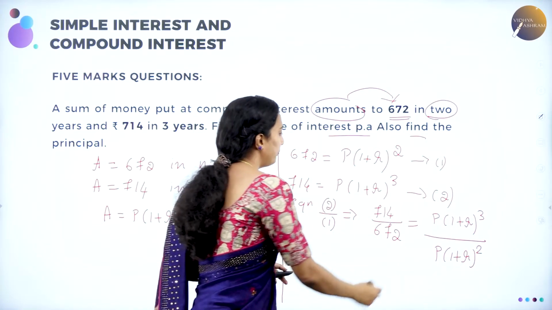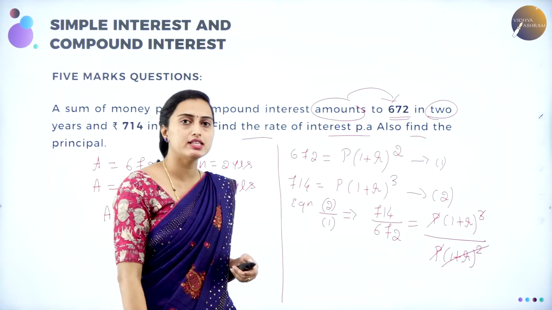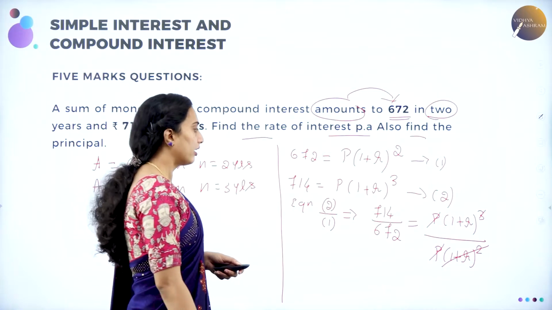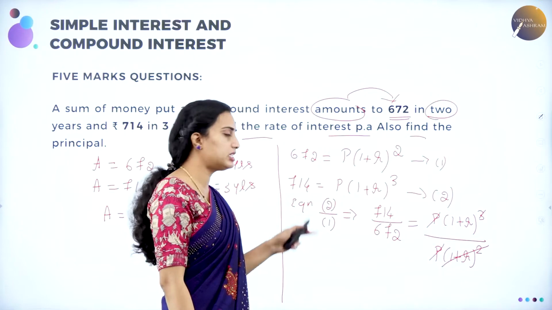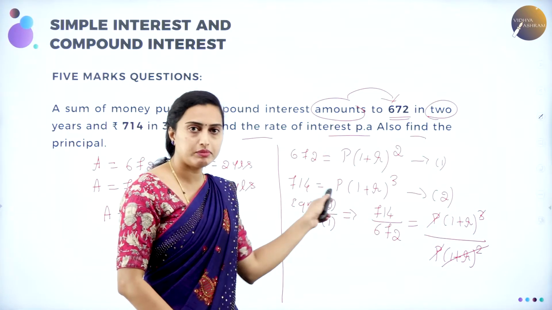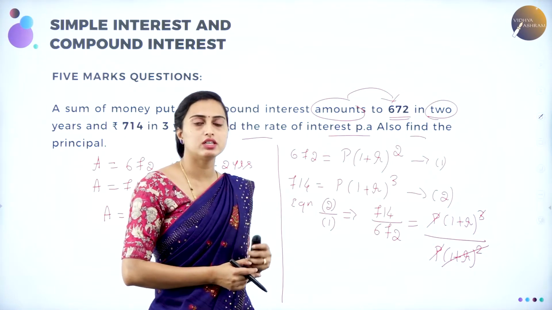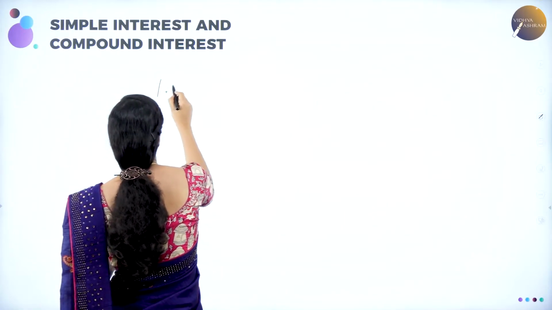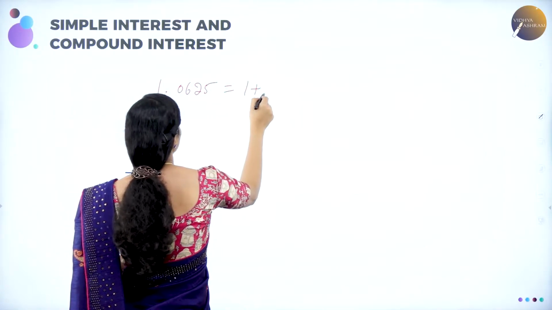Now, P will get cancelled, two terms of (1 plus R) will get cancelled, and in the numerator we remain with 1 plus R, and this side 714 divided by 672. Let me calculate this by calculator. You are going to get the answer as 1.0625. Therefore, 1.0625 is equal to 1 plus R.